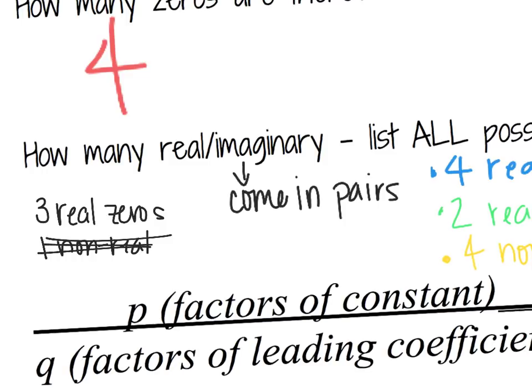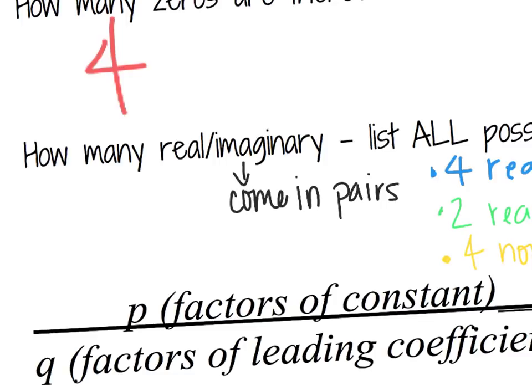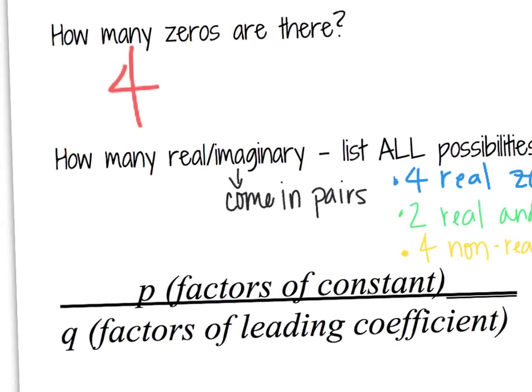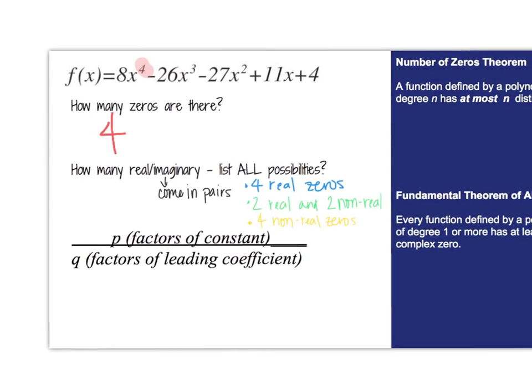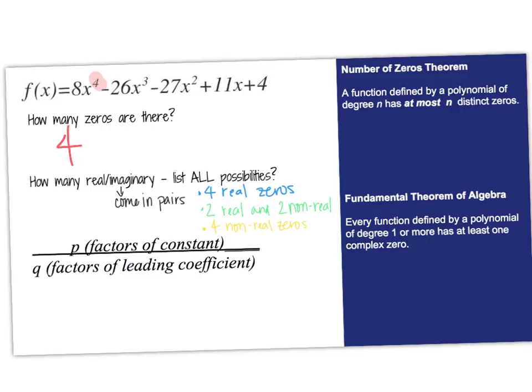I can only have 2 non-real, or 4, or 6, or 8. I have to have an even number of those. So since I can't have 1 non-real zero, 3 real is not an option. So all this math is to say that these are my possibilities here. We're going to talk about this over and over again. So if you don't quite understand that, it's okay, we've got time.